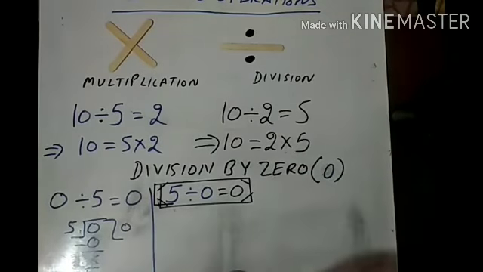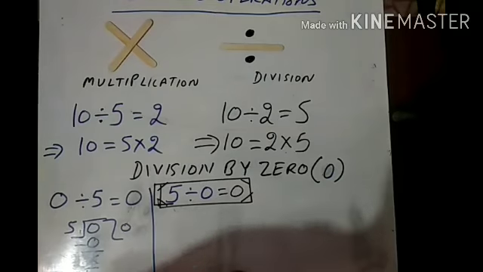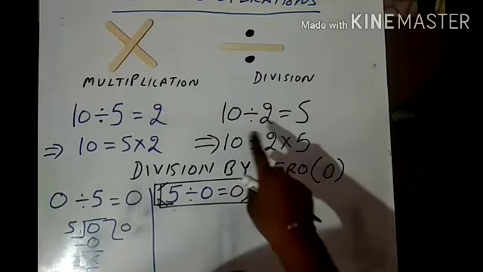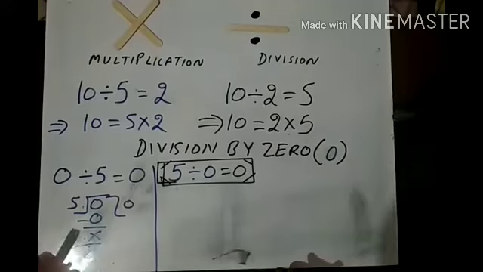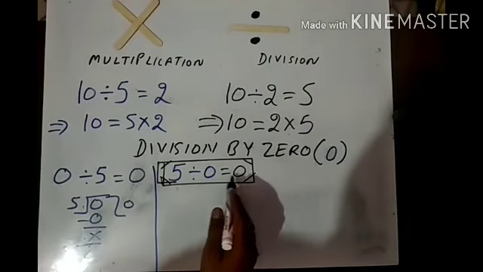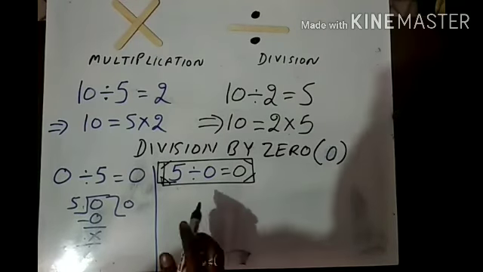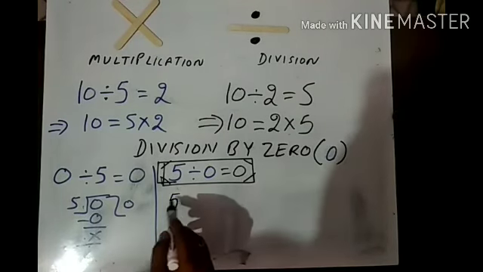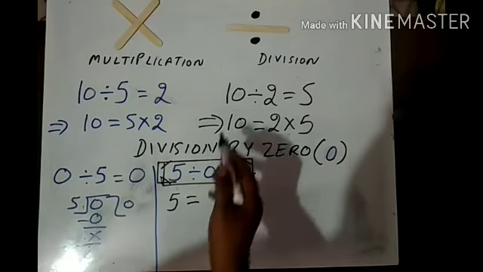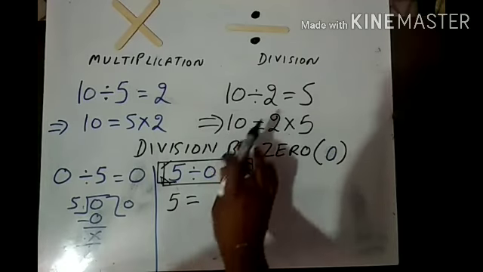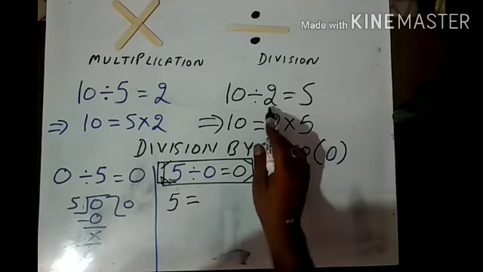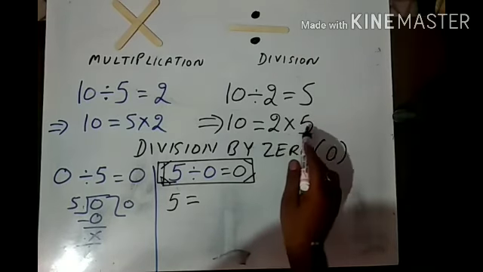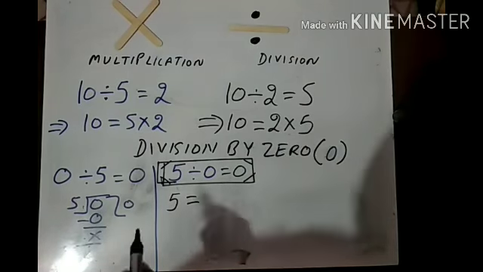And as per the definition of the inverse operation, we can say that multiplication is the inverse of the division. So as per this rule, 5 is divided by 0. If the answer is 0, you say, then I can write by the definition of inverse operation that just like 10 divided by 2 is equal to 5, then I will multiply 2 by 5, and the answer should be 10.